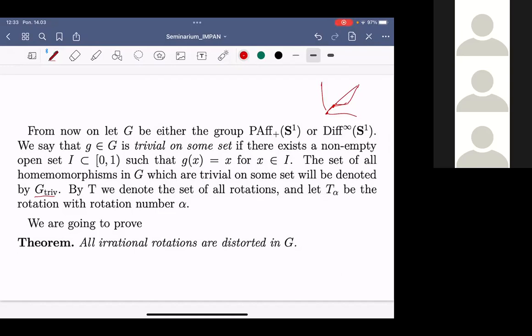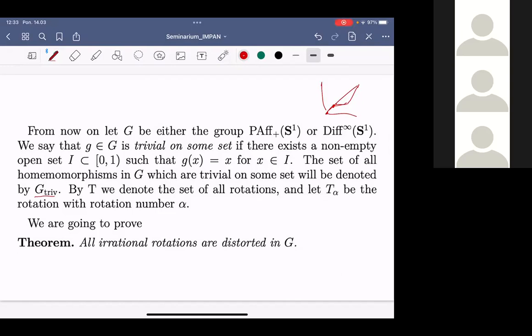And now we will also introduce the family of all rotations. We will denote it by capital T. T alpha will be the rotation with rotation number alpha.